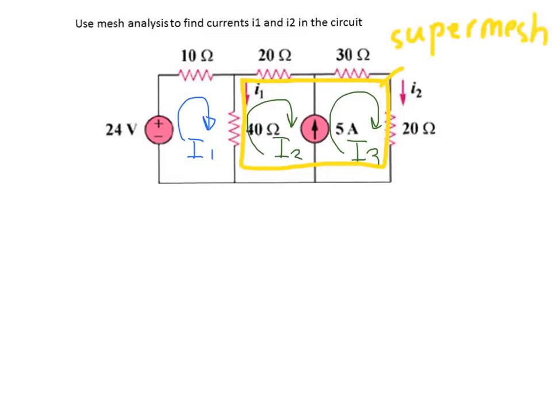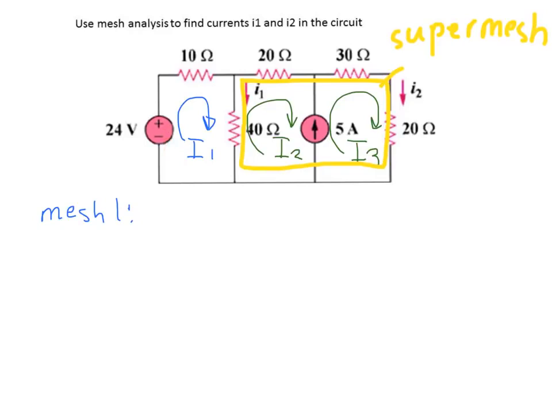Now let's start writing mesh equations, and it will be easy to see what's the difference in writing the equation for the super mesh. But before we start, let's write the equation for mesh 1. Looking into the direction of the mesh current, we are going clockwise, starting with 24 volts.